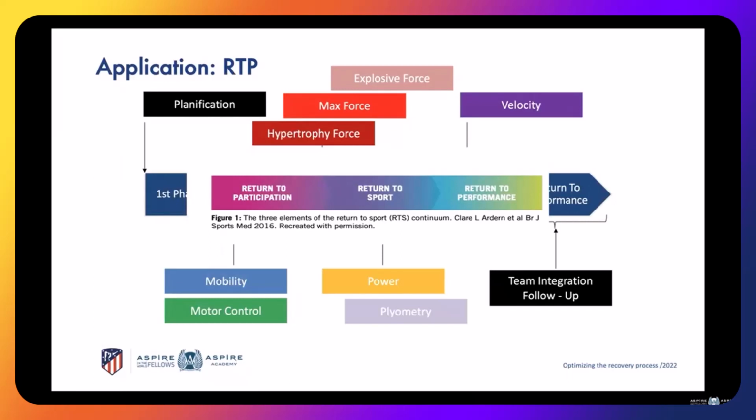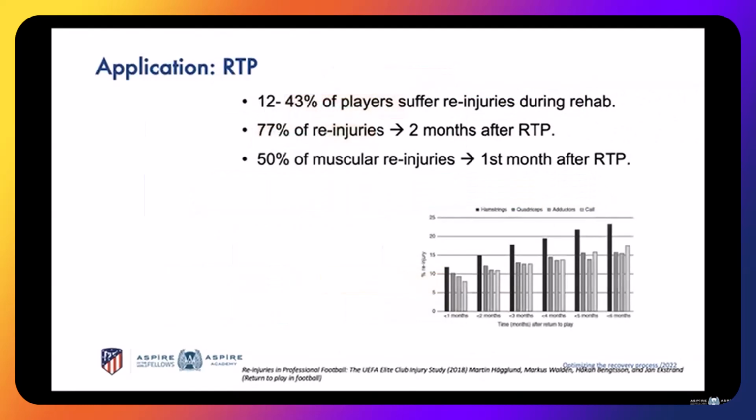It's super important also that once we have reached the return to play, once the player is integrated with the team, we need a follow-up of at least 2 months, because as we know, the main moment that we have pre-injuries is during these 2 months after the return to play.